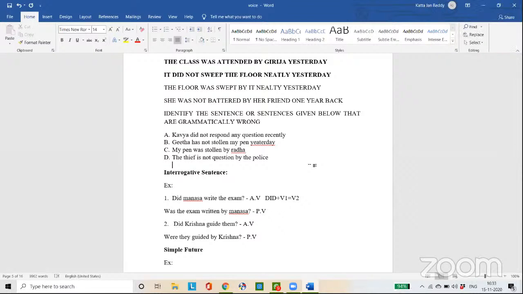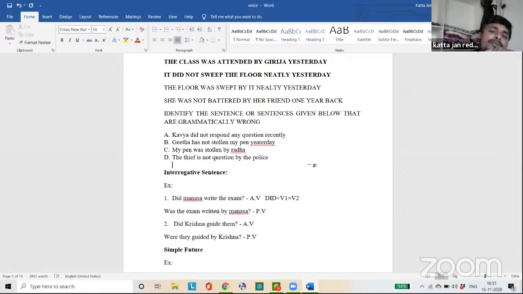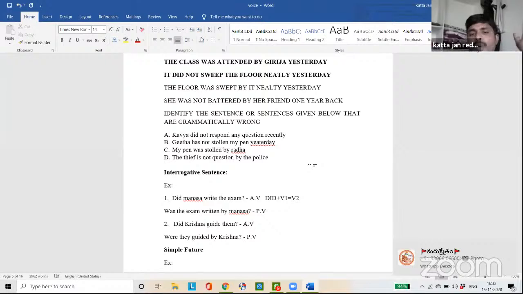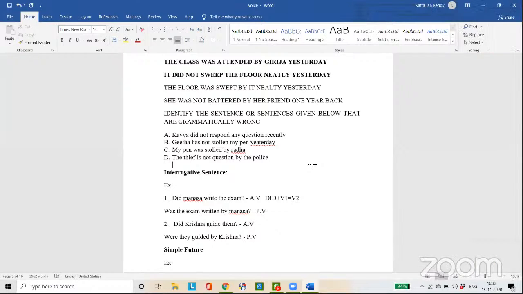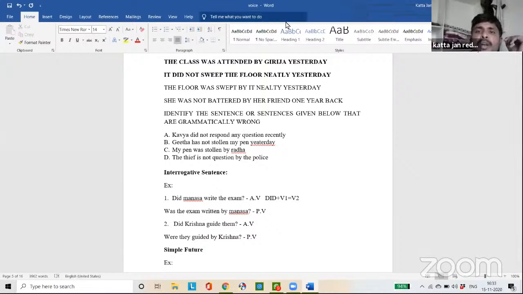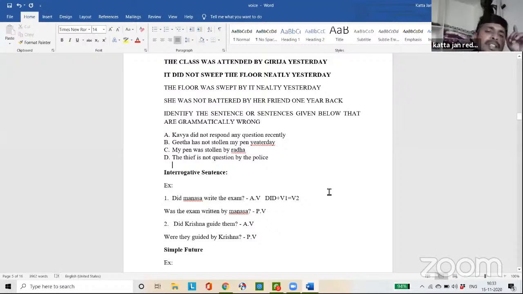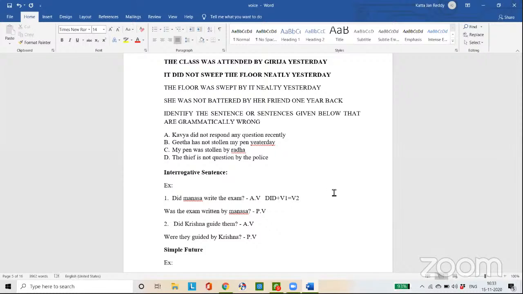Option A. Option A, grammatically wrong. Okay. Is that the only sentence given wrong? What about the rest? You are like 8 members, repeatedly only one person is answering. What about the rest? Option D also wrong, sir.